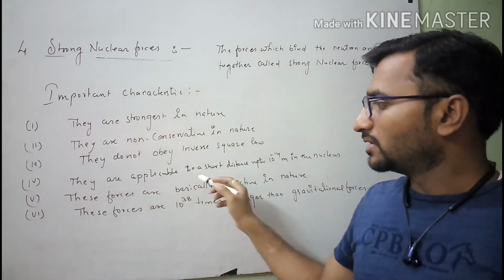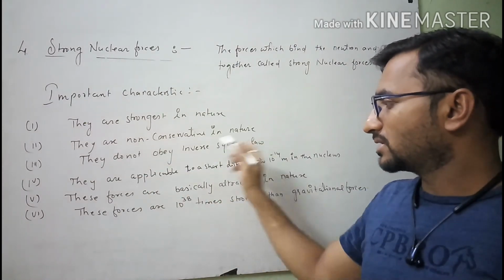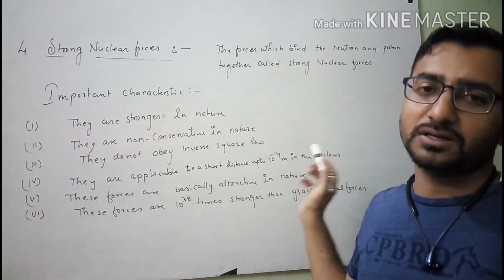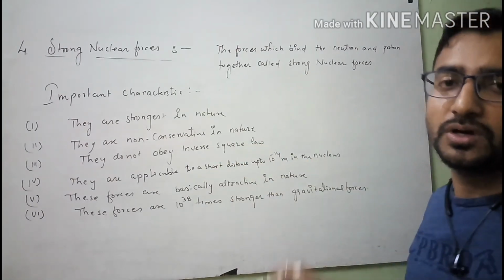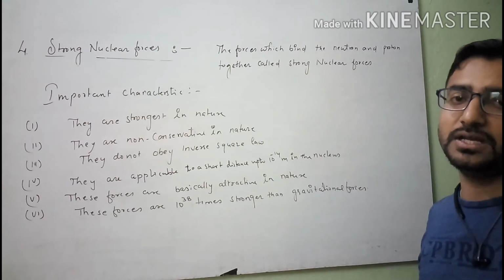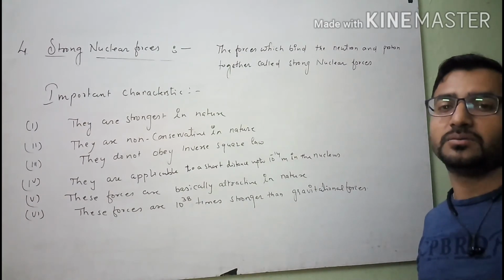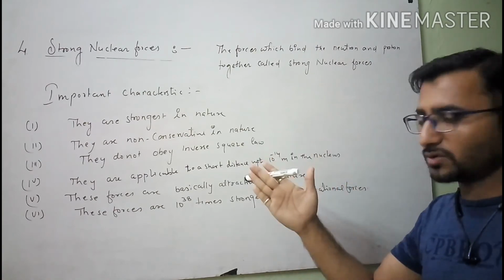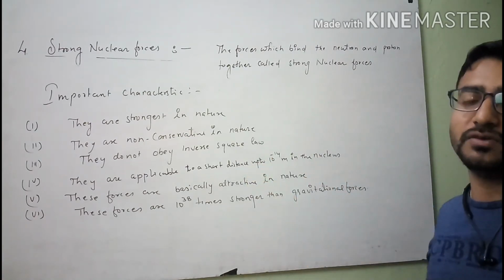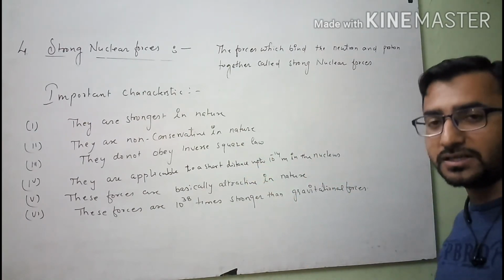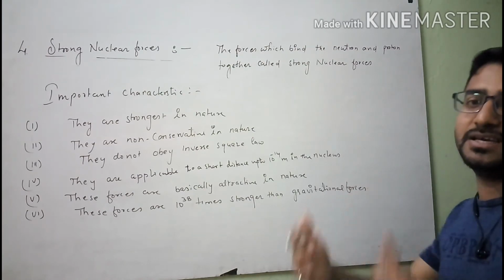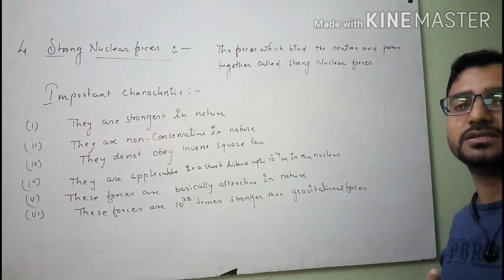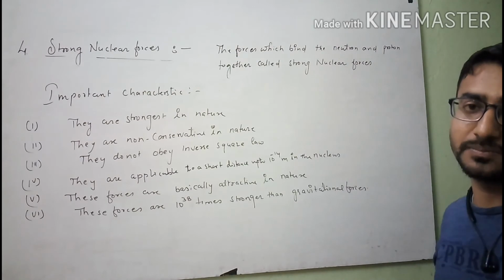And after that, you can see these forces are applicable up to a short distance, which is up to 10 raised to the power minus 14 meter. If the distance between proton and neutron is much closer than the Fermi distance, then this force, which is basically attractive in nature, is converted into repulsive nature.